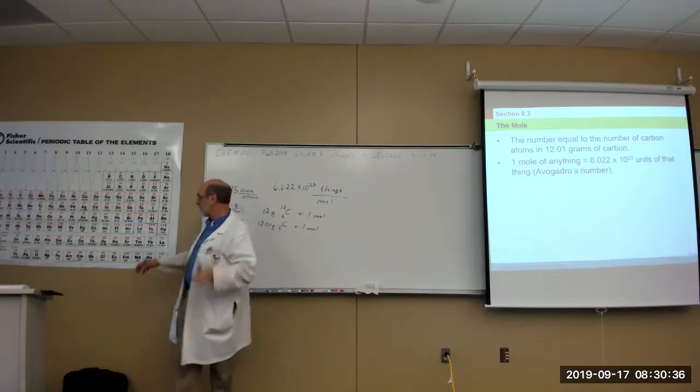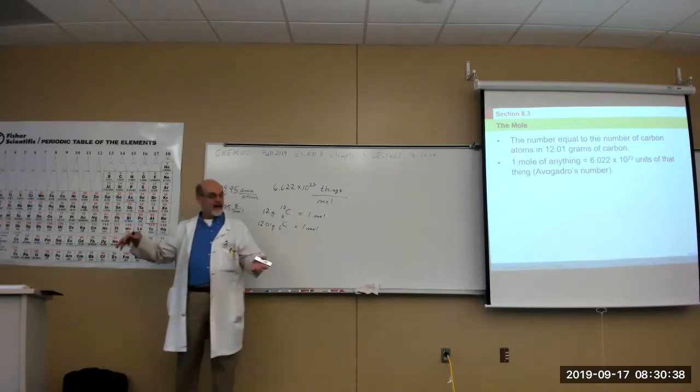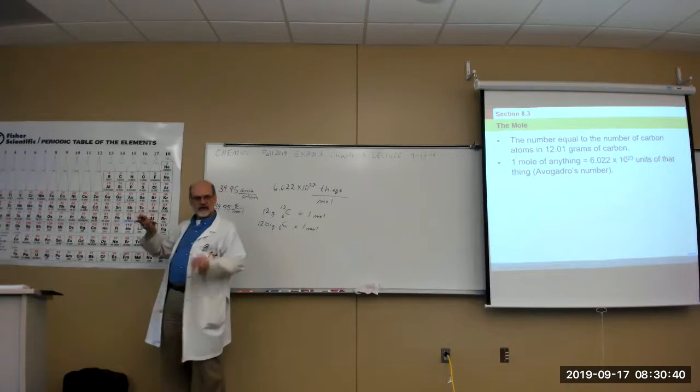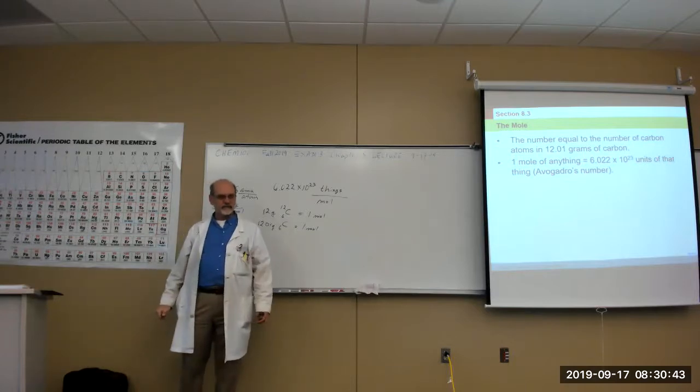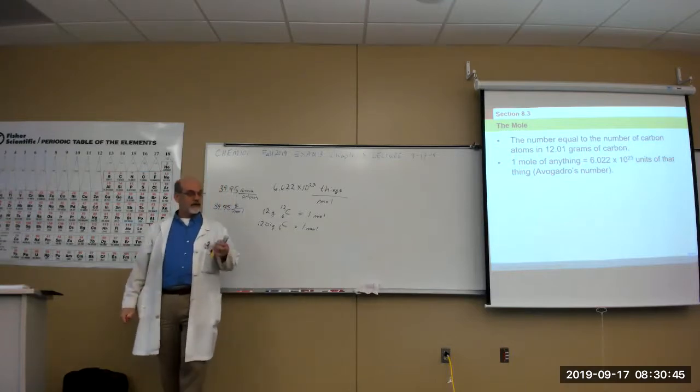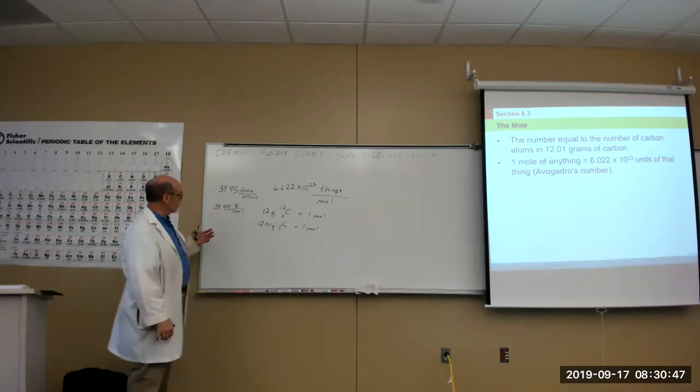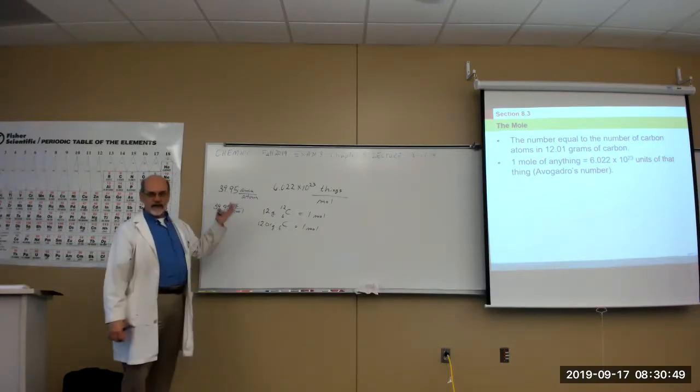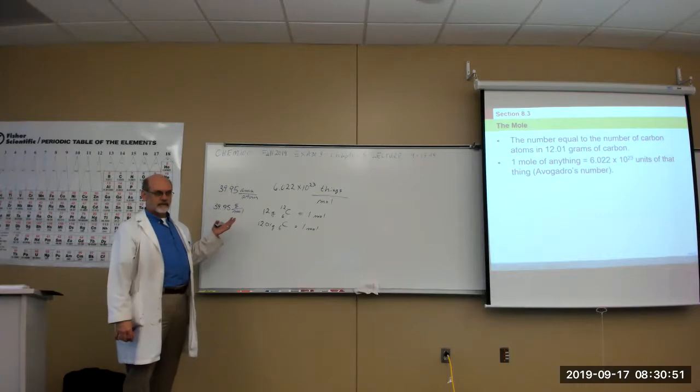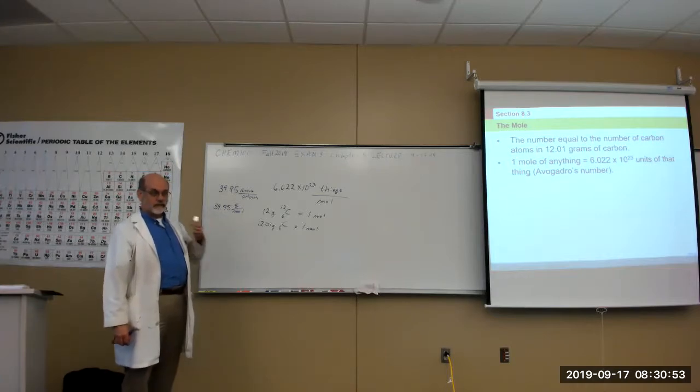Every once in a while, the periodic table will be revised, and these numbers will change ever so slightly as they determine the mass of each of the naturally occurring elements when they have a mole of them.